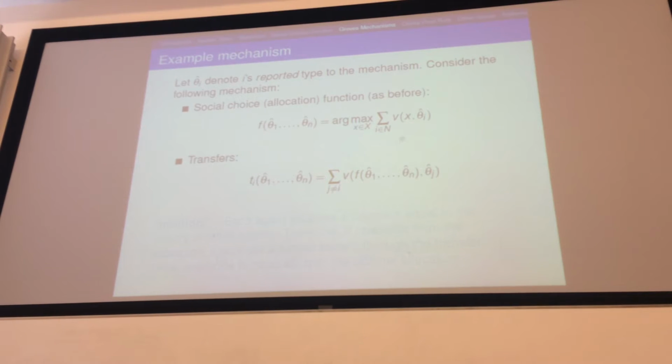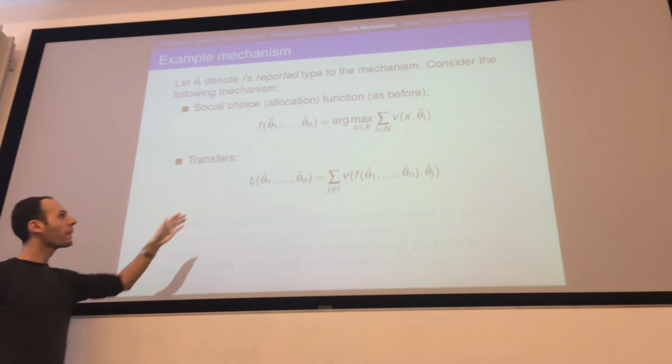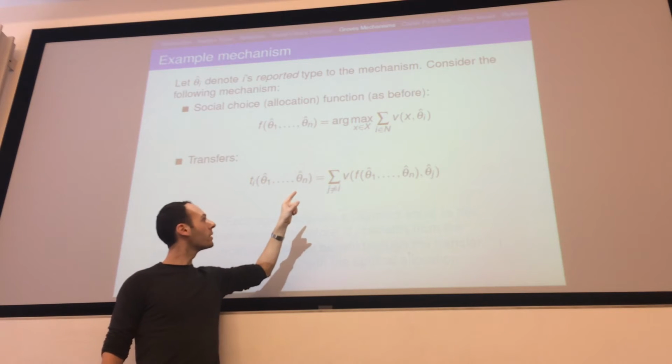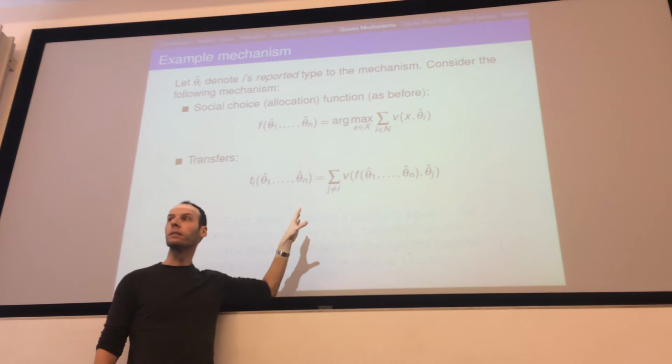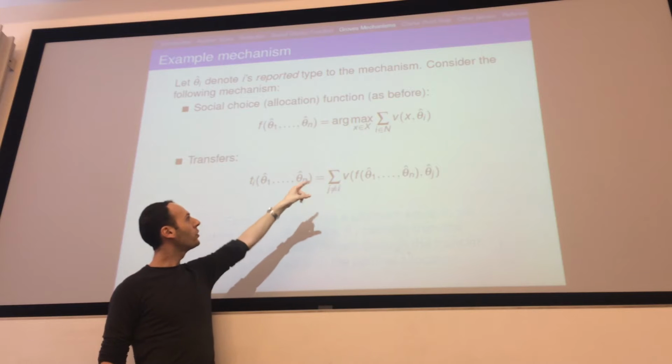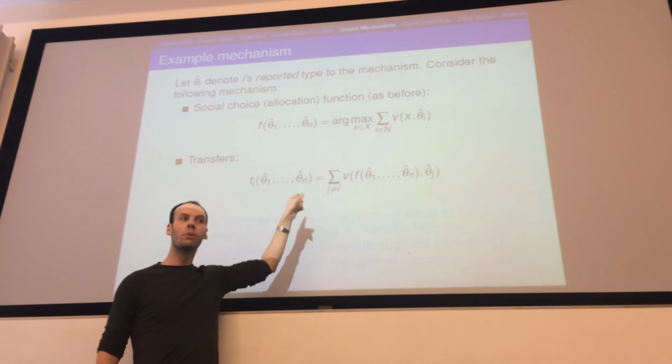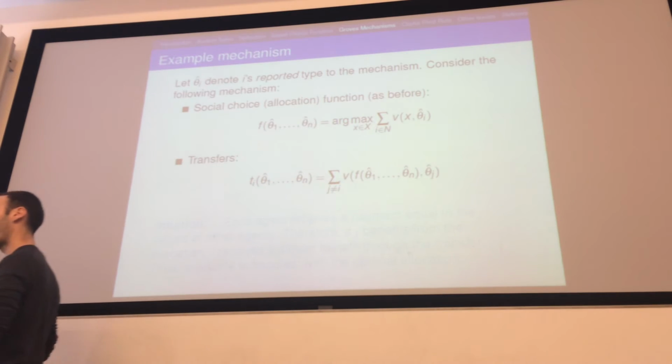So we simply set the allocation to our goal, which is maximizing the social choice function. But this is based on the reports. So if the agents misreport, the social welfare is not necessarily maximized, because it uses the wrong information to compute the allocation.